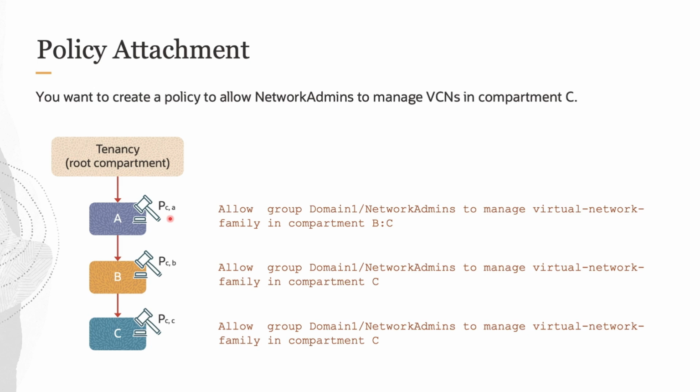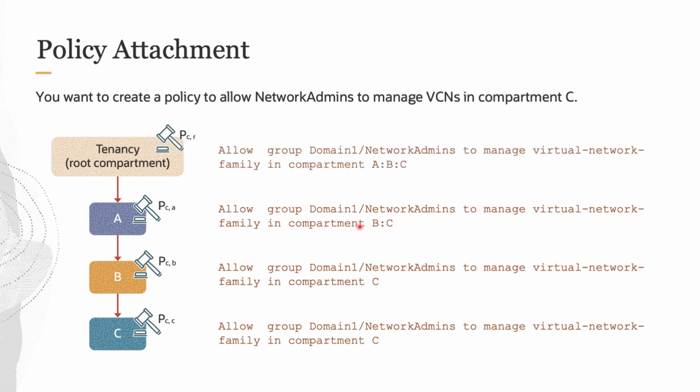But now just look at the small difference. When you write a policy, you have to provide a complete path, as compartment A does not know that C exists because it can only see compartment B. In this case, we provide the complete path by saying something like the compartment name, child compartment name.